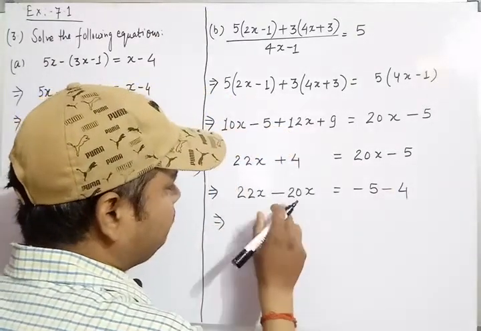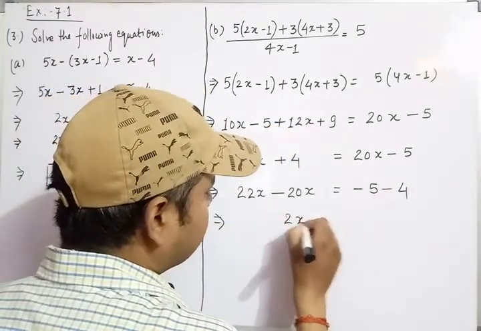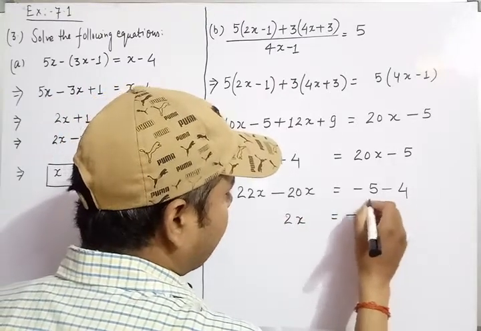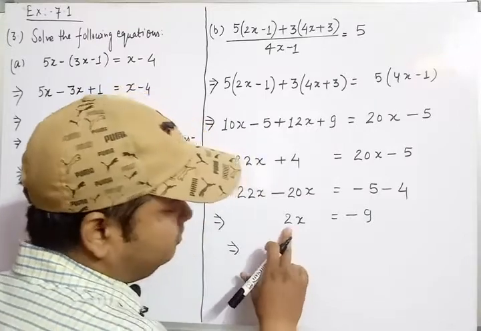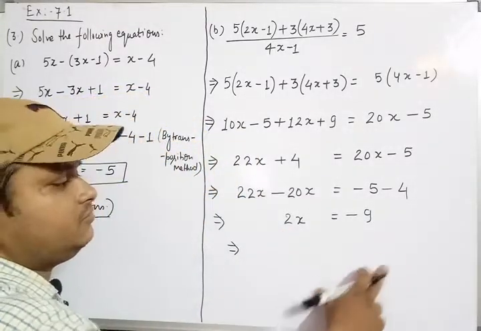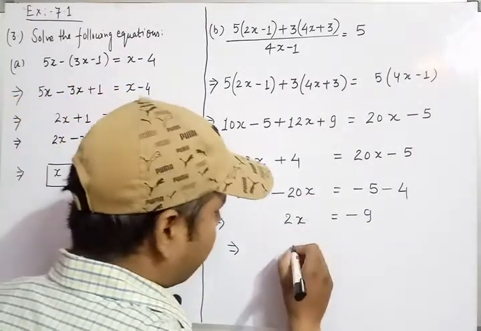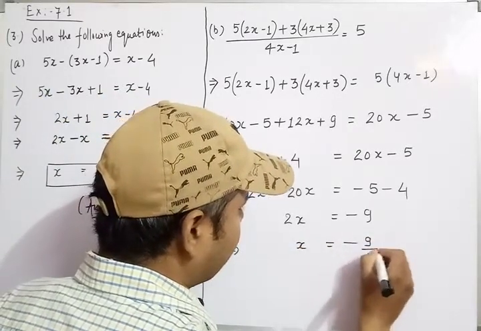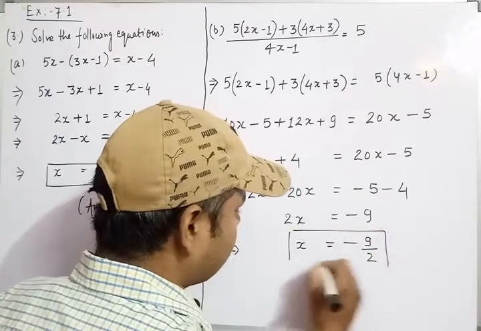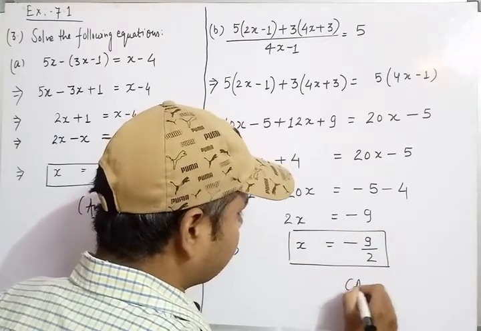Now students, 22 minus 20 means 2x is equal to minus 5 minus 4, which is minus 9, and this 2 will also be shifted to RHS. So again we can write x is equal to minus 9 upon 2, and this is the final answer.